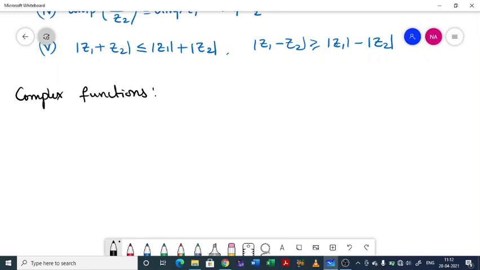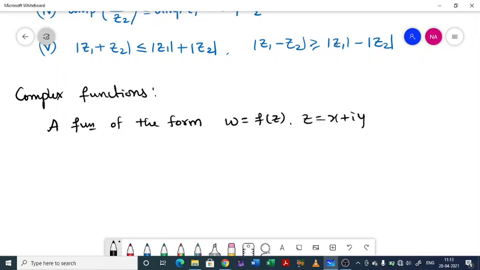So a function of the form w equal to f of z, where z equal to x plus iy, is called a complex function. We simply call this a complex function, or you can say a complex valued function.